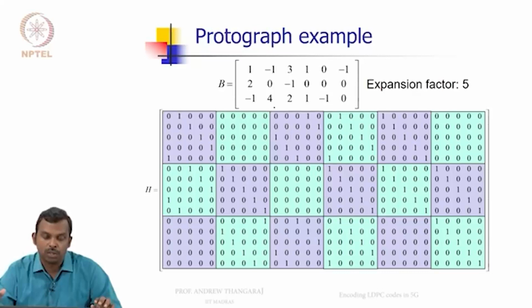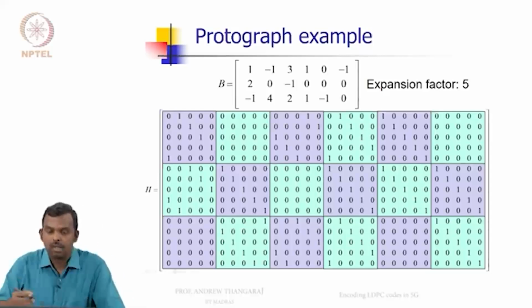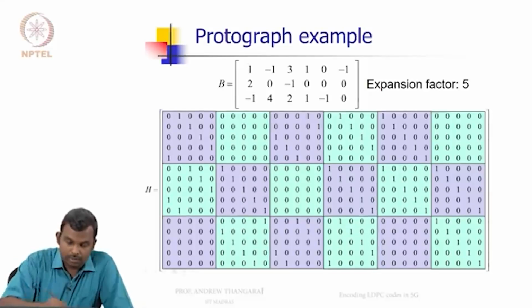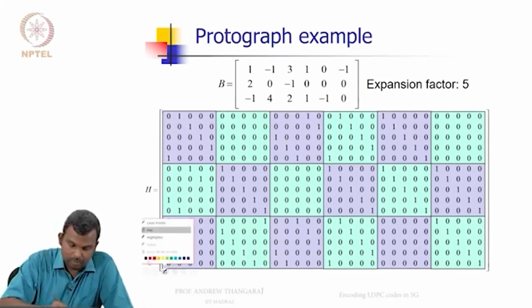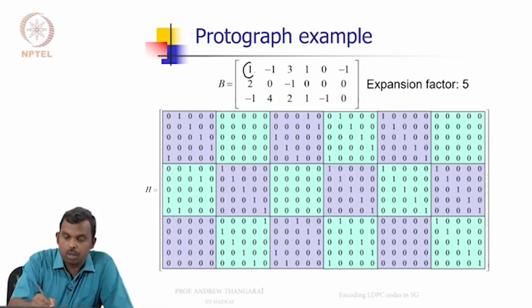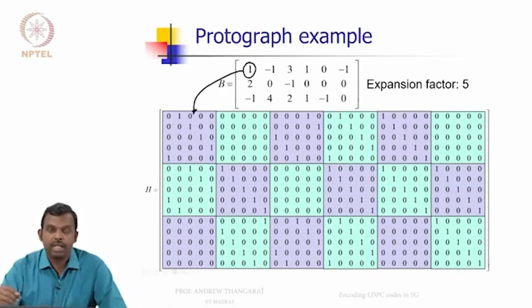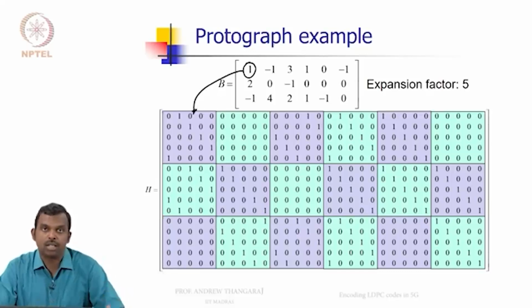So 1 would correspond to the identity matrix column shifted by 1 position, like for instance this one goes out as this matrix, and all the other matrices are like that. I showed that in the previous lecture.